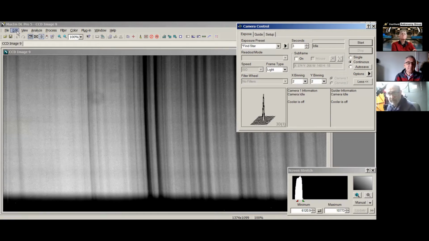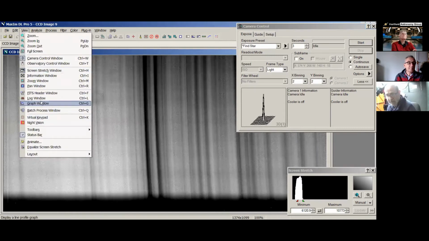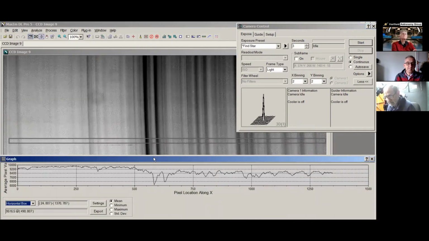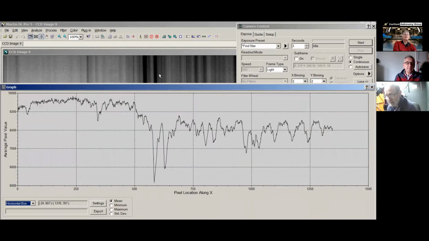So let's have a view of the graph. Here we are. So again, two dark absorption lines, and on the graph, one is a darker absorption line than the other, as seen by the trace.